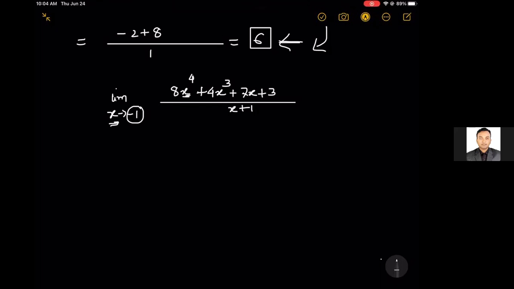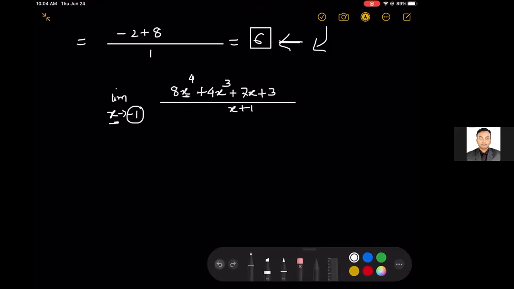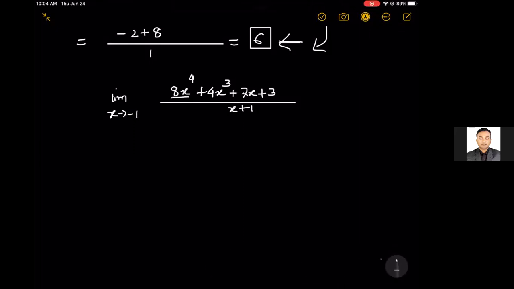So let's see that. If we plug in -1, this will be a +8, because -1 to the 4th power is positive.